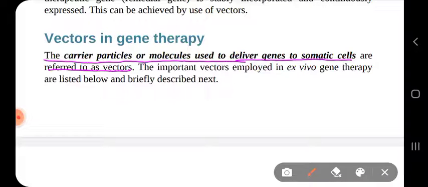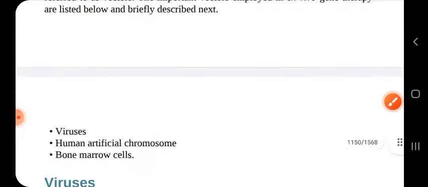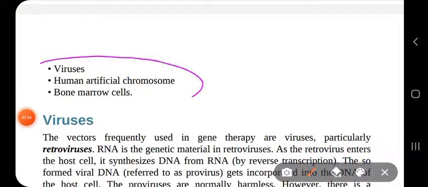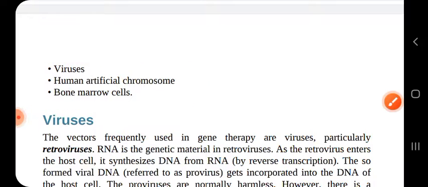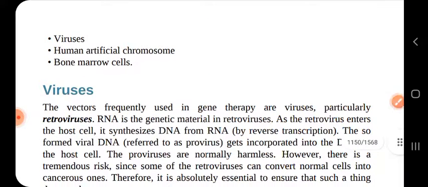Sometimes directly bone marrow cells can be used as a carrier molecule. So you will see viruses, human artificial chromosomes, and bone marrow cells, which are used as a vector, a carrier molecule. We need some carrier molecules so that it can insert properly within the culture cells and be stabilized.